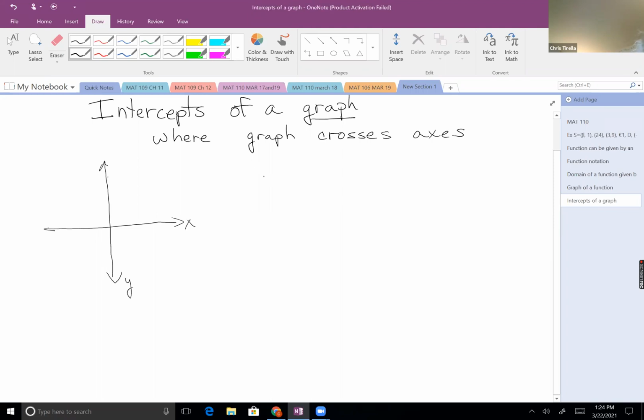And let's first talk about what an x-intercept would be. An x-intercept would be a place where the graph crosses the x-axis. So it has to be a point on the x-axis. As I look at all of these points on my x-axis, what they all would have in common is a y value of 0.